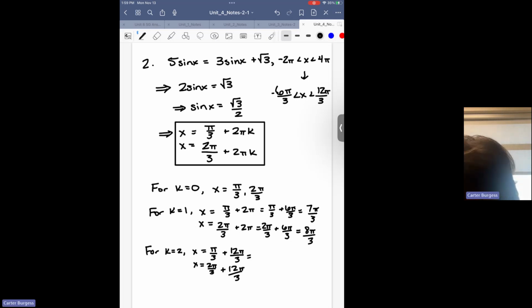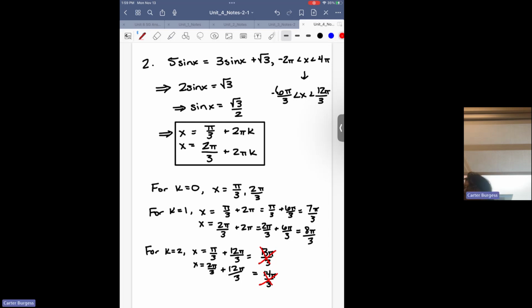So for my first node, I get 13 pi over 3, and for my second node, I get 14 pi over 3. Do these fall within my bound? Are 13 and 14 between -6 and 12? No. And so I am done. I'm going to throw these out. And we are satisfied with the answers that we got, for the most part. Well, satisfied at the very least with the positive answers that we got.